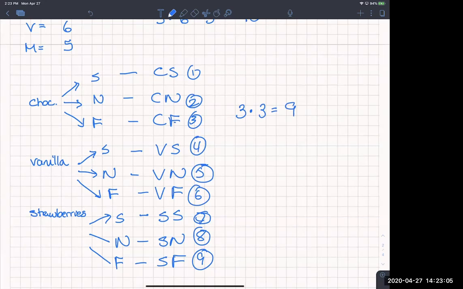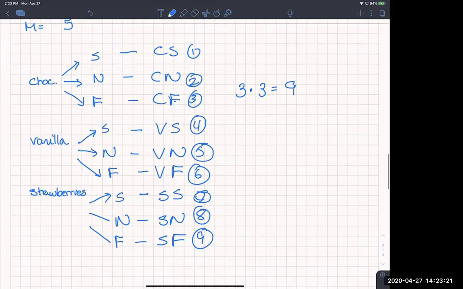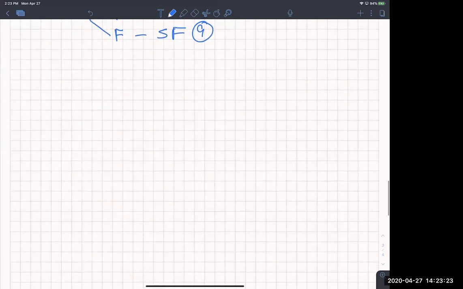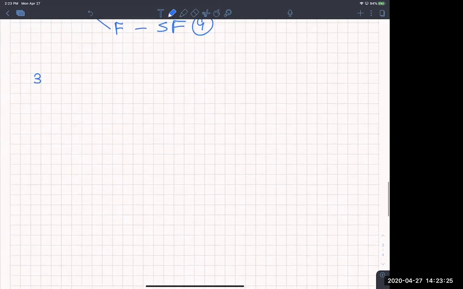So if you have multiple events, and each event can be done n number of ways, the total number of combinations is the product of the number of ways you can do each event. So let's go back to the dice problem. Remember we said we had a 3-sided die and a 6-sided die. How many total combinations can we get? Well, the 3-sided die was 1, 2, and 3.